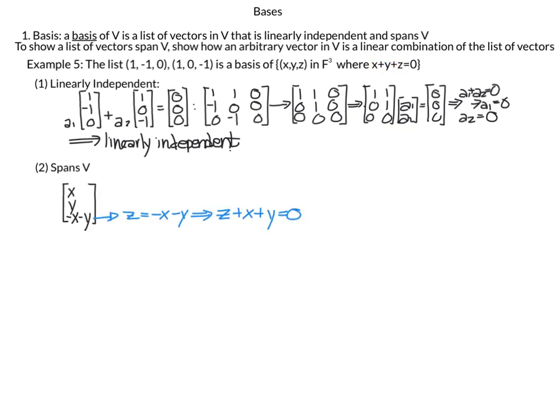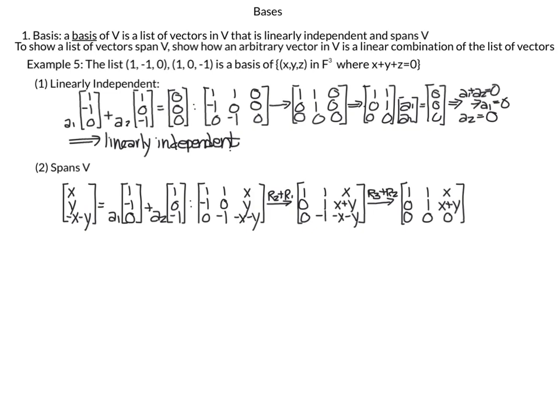So our general form of this vector is going to be (x, y, z) where z is equal to minus x minus y. So that's what I have here. Since this is the z coordinate, we set it equal to minus x minus y. When we bring the x over and the y over, we get z plus x plus y equals 0, which is exactly what we want over here.